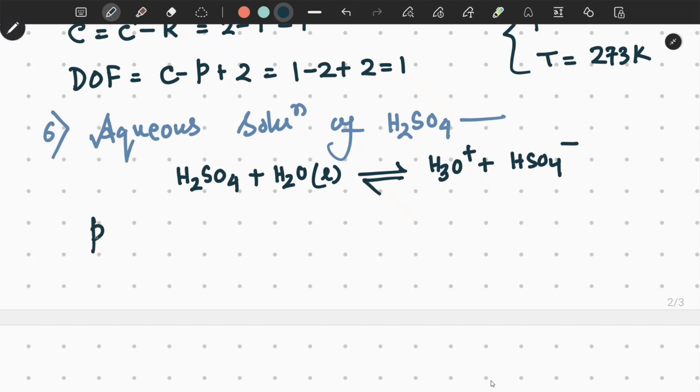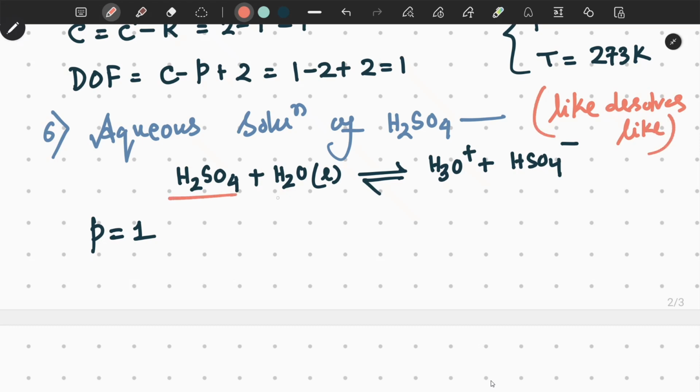So what will be the number of phases? One, because these things totally dissolve. Like dissolves like. Why? Because H2SO4 and H2O are polar.